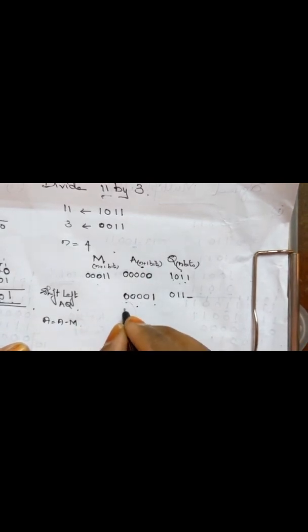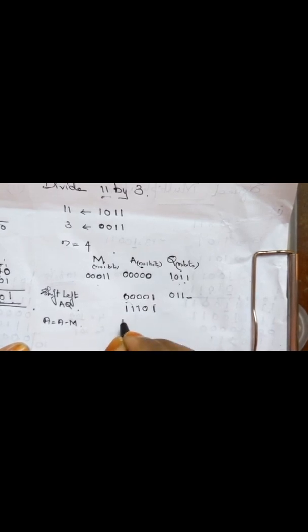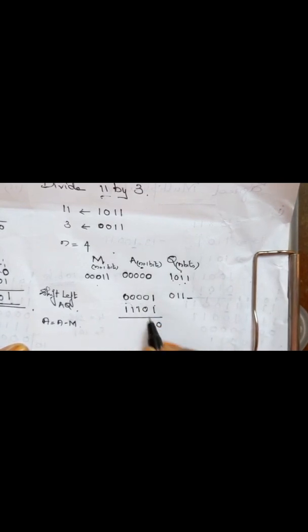So the 2's complement of 0 0 0 1 1 is: take the 1's complement plus 1. You will get the result as 1 1 1 0 1. So performing the addition of this 2's complement number, carry 1 1 1.